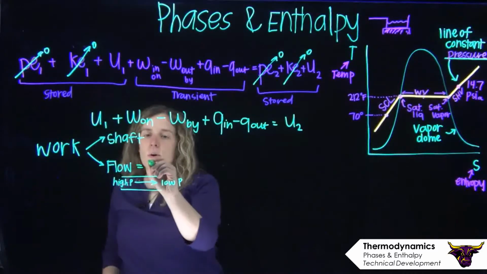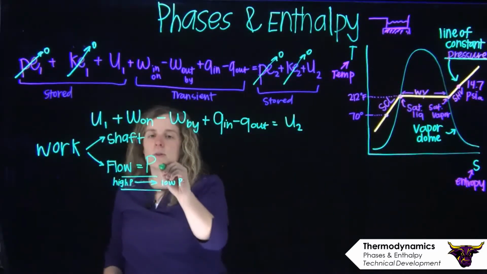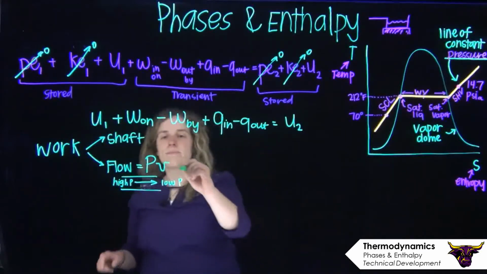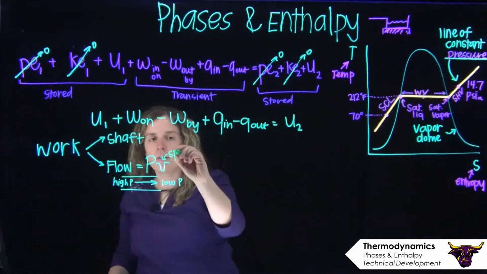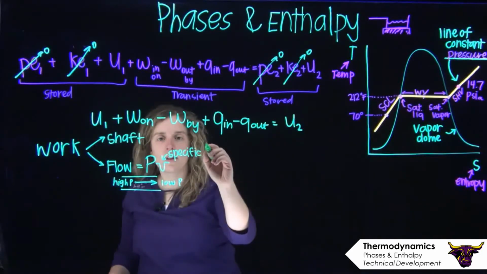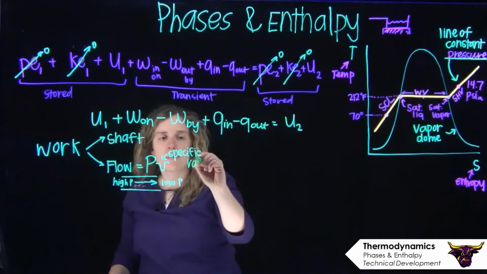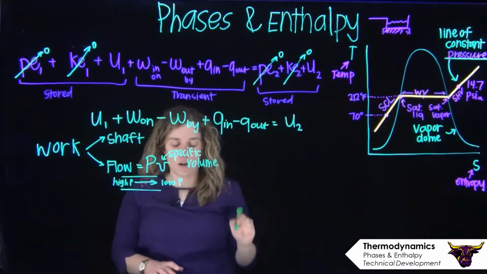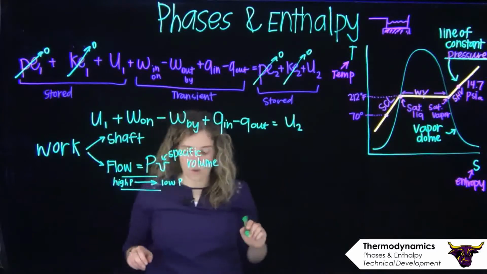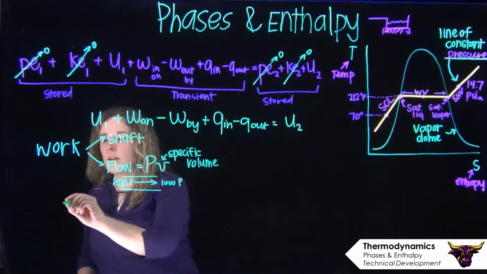If we look at the equation for flow work, it's simply equal to pressure times specific volume. I'm going to clarify that because, again, that is a weird little V-looking letter. So when we look at our equation, we want to make sure that we include both of these.